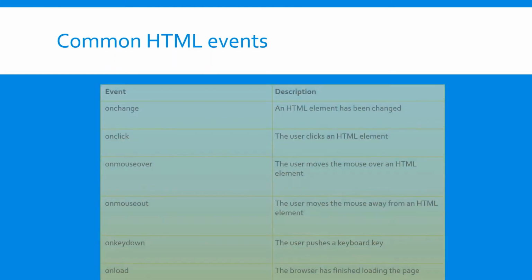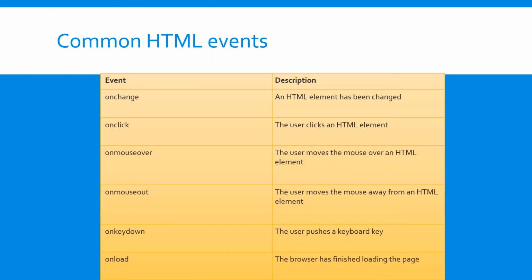Some common HTML events are onchange, in which when a change is detected in an HTML element, the onchange function will call a function for that particular event.